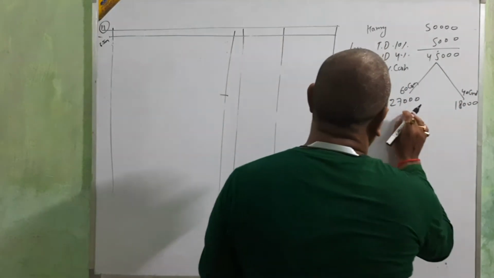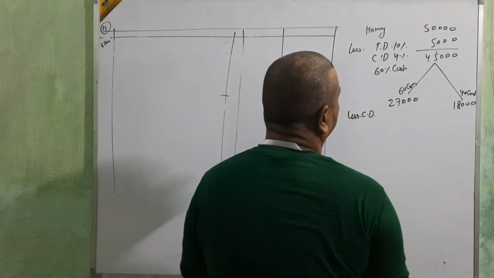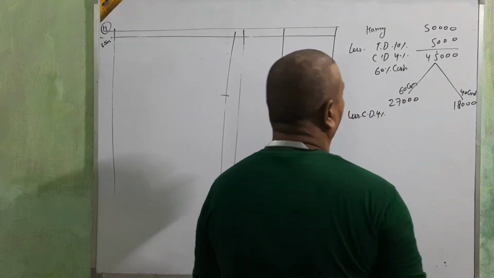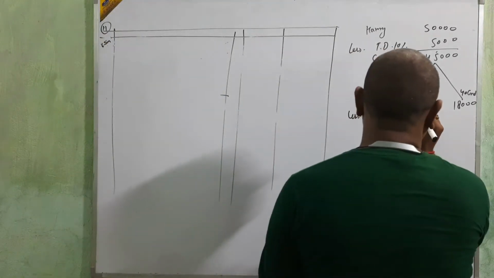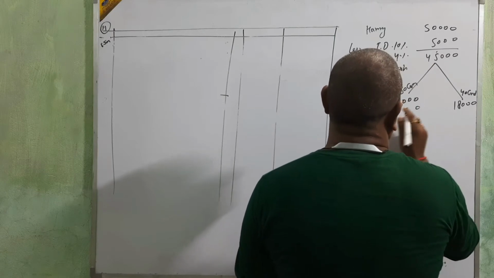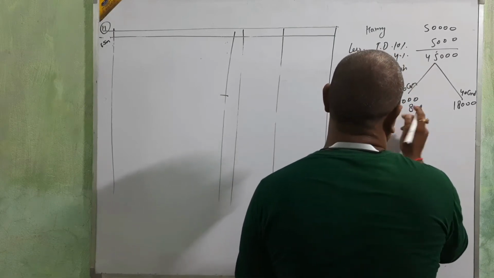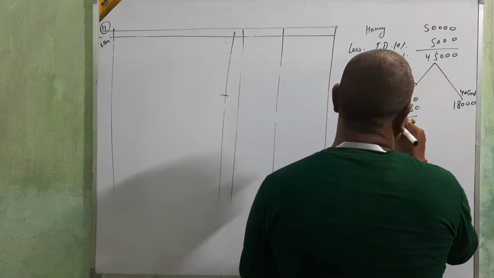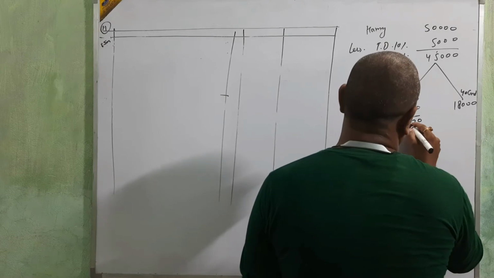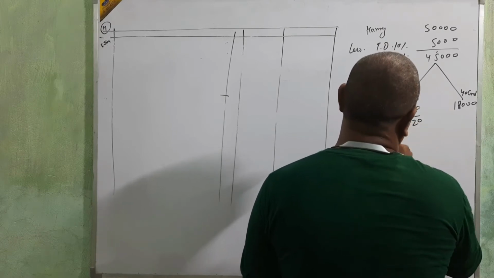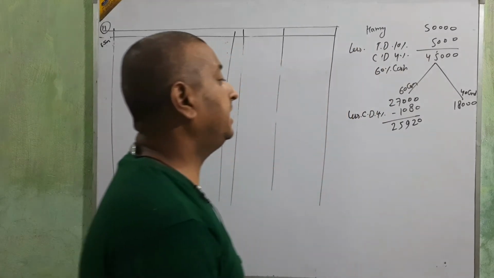Now we are going to calculate less cash discount 4%. 4% of 27,000 is 1,080. 27,000 minus 1,080 is 25,920.